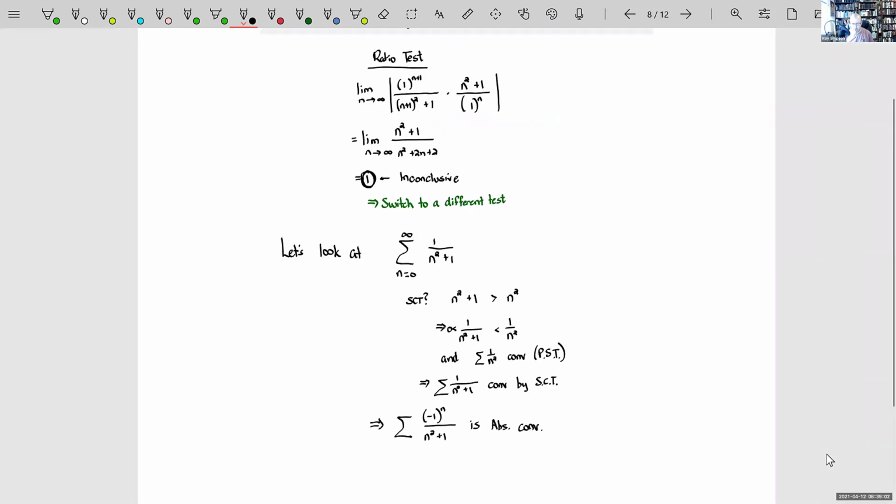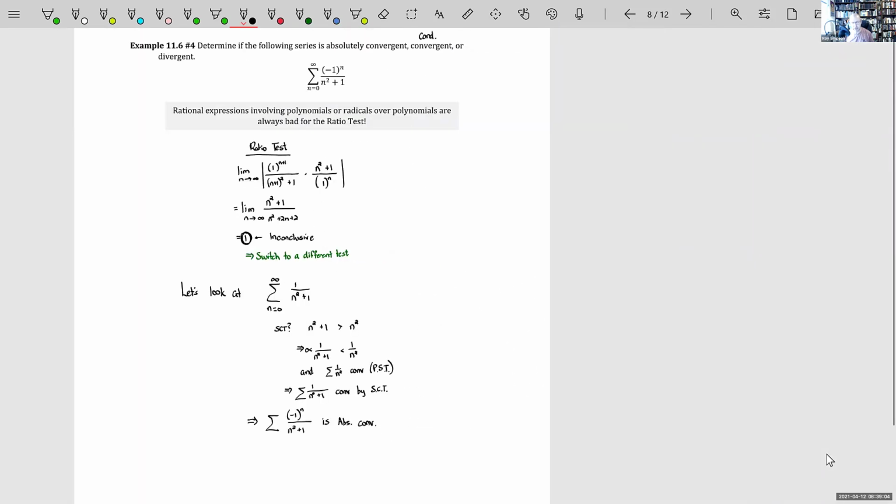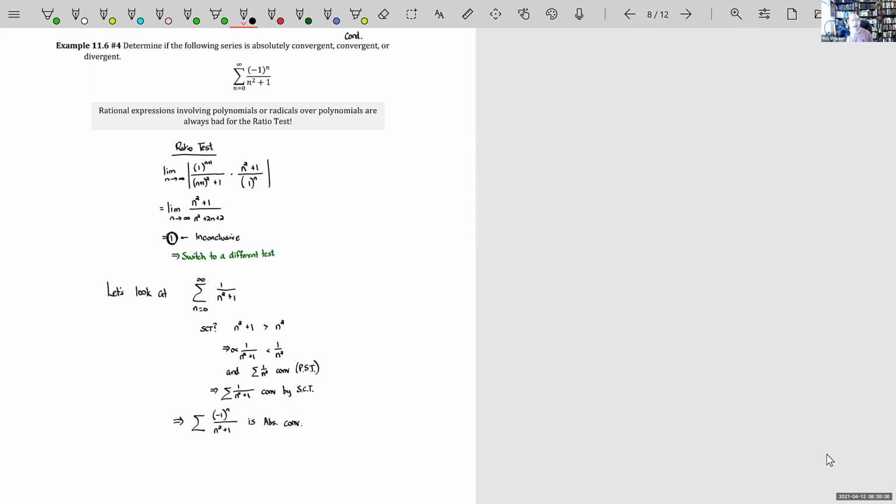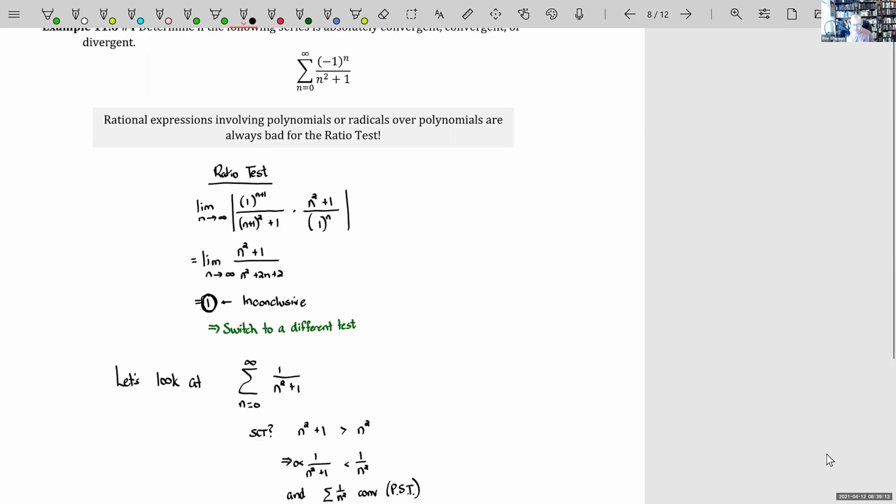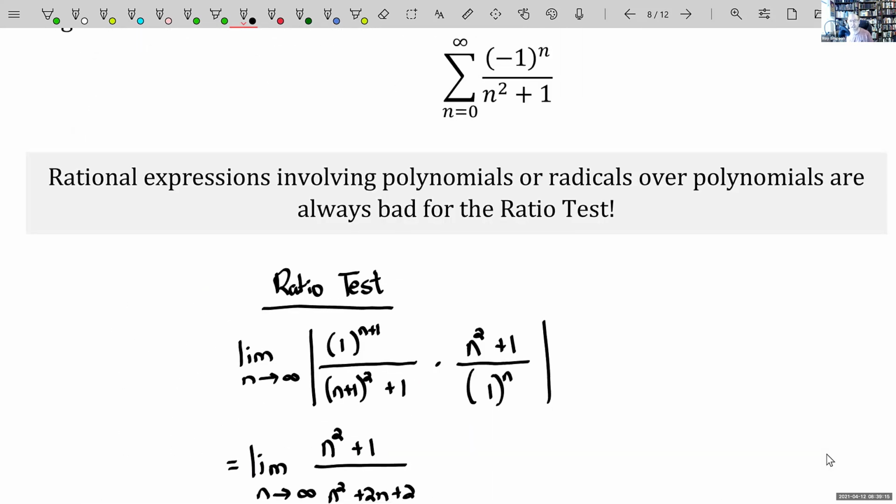Really, really good example of when a ratio test goes wrong. And as my note here says, which I should have the word note in there, so I have a little cleanup on these notes, the note here says rational expressions involving polynomials or radicals over polynomials are always bad for the ratio test.